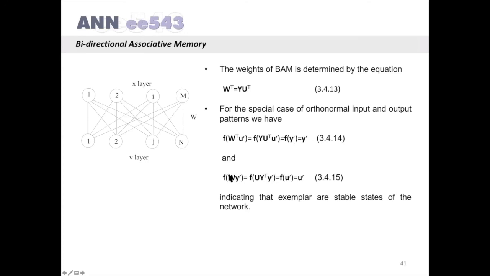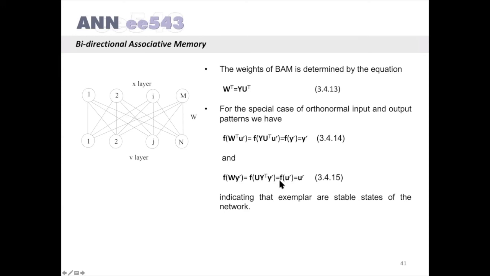And similarly, for the other part, notice that instead of W transpose, for the other side we have W here. W YR is the transpose of this one, which is U Y transpose, multiplied by YR. So this multiplication is resulting in UR if the exemplars in Y are orthonormal.